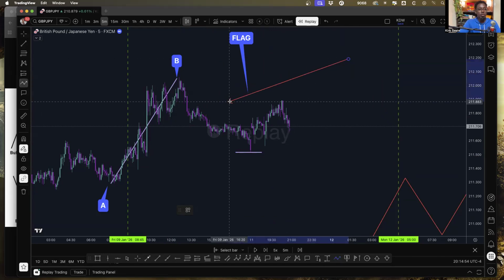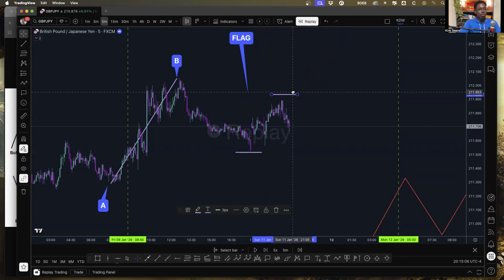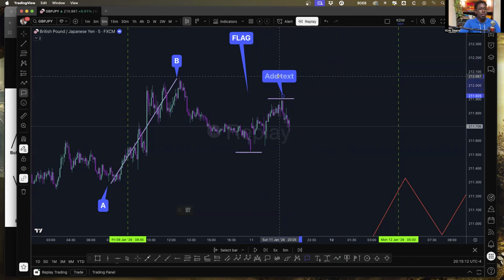Because we are looking for those lower lows and lower highs. This was the last high. So we need price to come down. This does not feel significant enough to be a high. All right. So for us, we're thinking, all right, this is probably going to be a lower high.